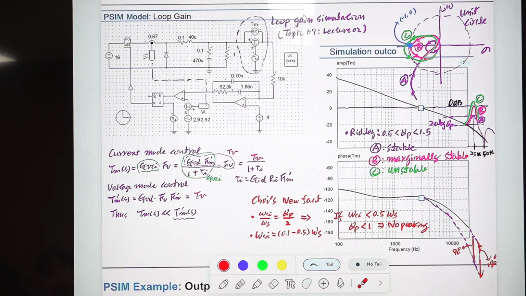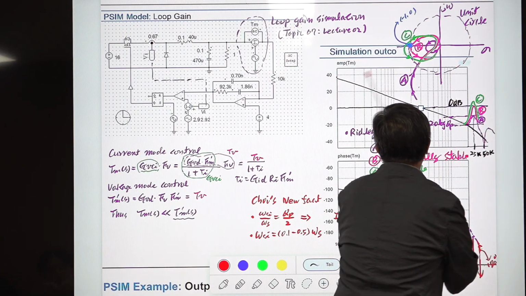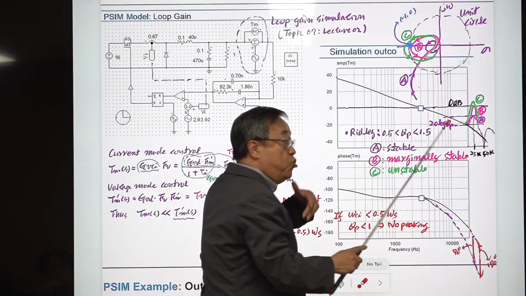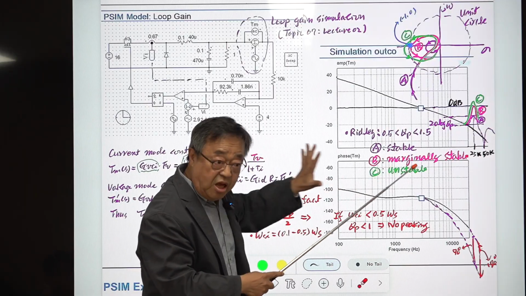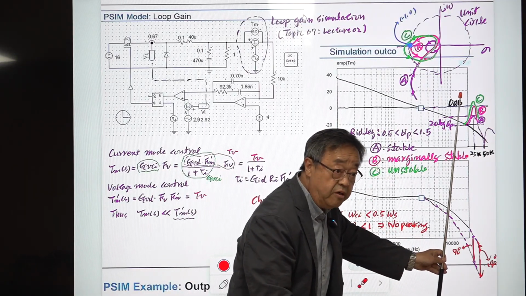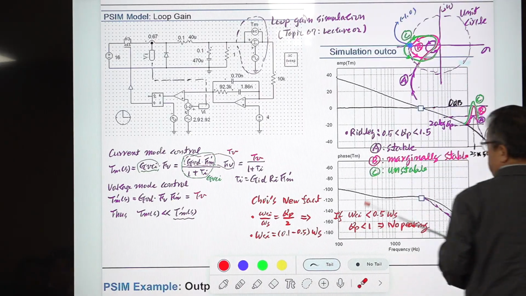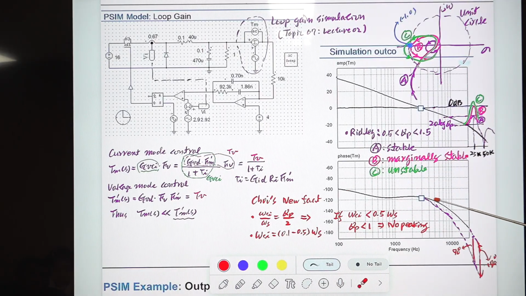This is the prediction of Middlebrook's PWM modulator model, and this is Ridley's prediction of the sampling effect of current mode control. Okay, below this frequency, the classical model and the new model, including the sampling effect proposed by Ridley, are exactly the same up to this point. After this point, this is the prediction of the classical model, which does not consider the sampling effect, and this is the new model proposed by Ridley.